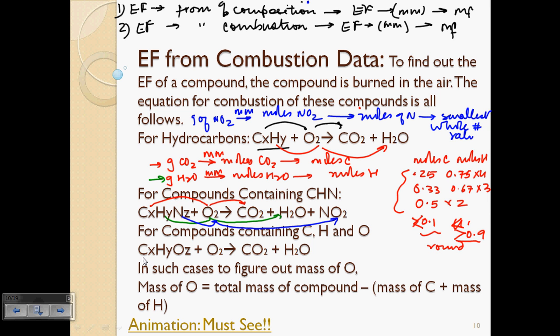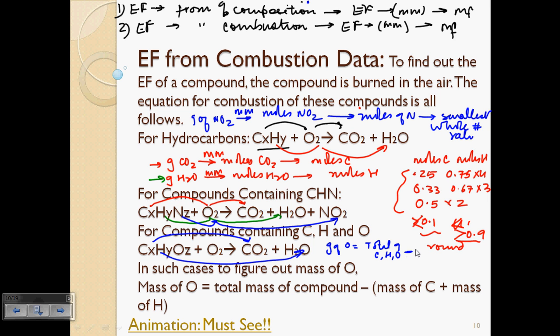If the compound contains carbon, hydrogen, and oxygen, now there's a little problem, because carbon will form carbon dioxide, nothing much changes there. Hydrogen forms water, nothing much changes there. But now you have oxygen in the compound as well as added oxygen outside. How do you figure out the amount of oxygen? To figure out grams of oxygen, you will be given total grams of the CHO-containing compound.